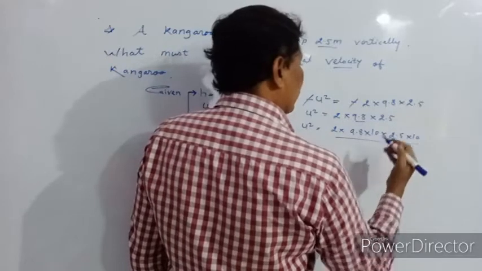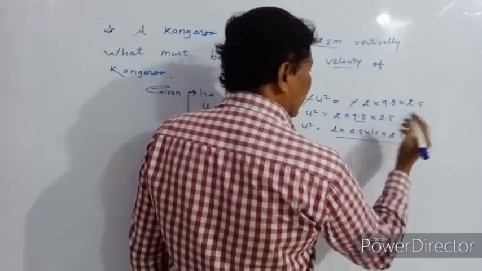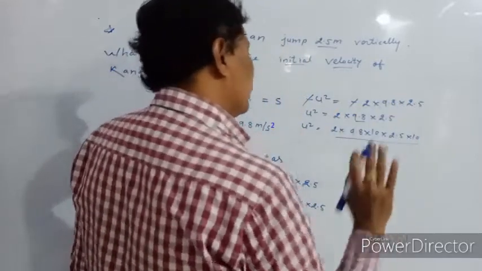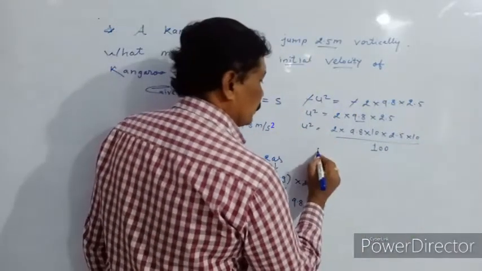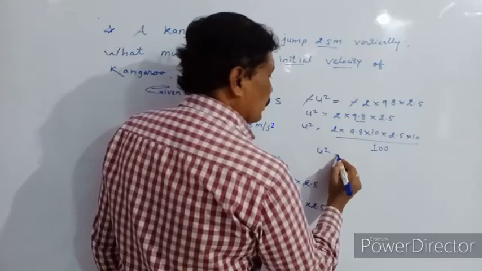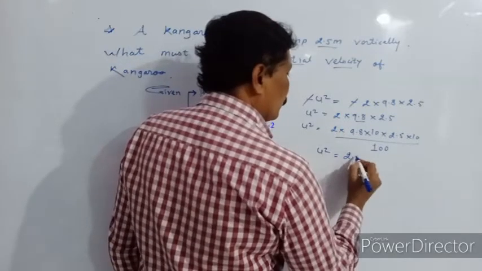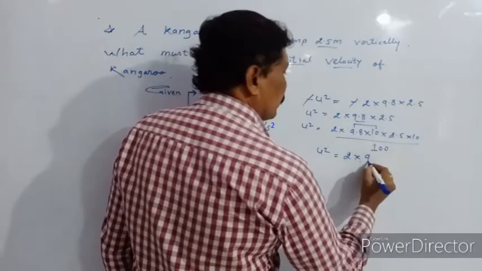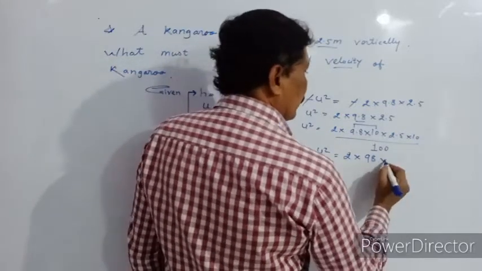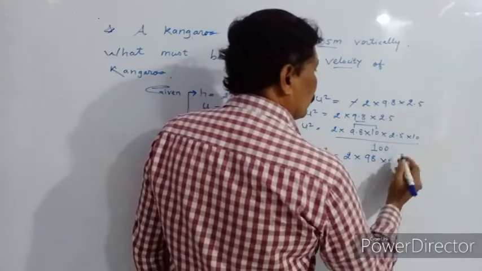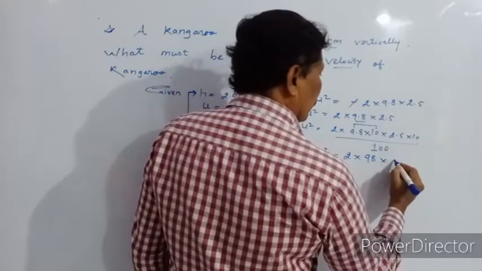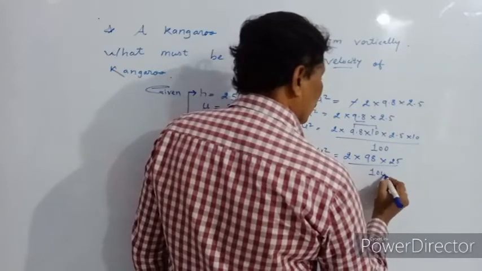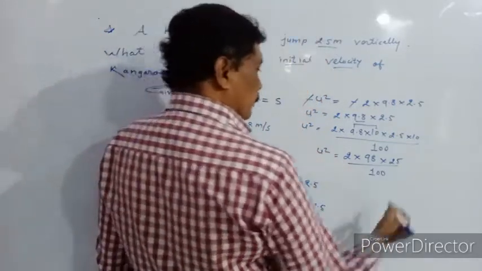So we have to divide it by the same amount, that is 10 tens are 100, so that there is no change in the value. U square is equal to 2 into 98 into 25 upon 100. Now we will simplify.